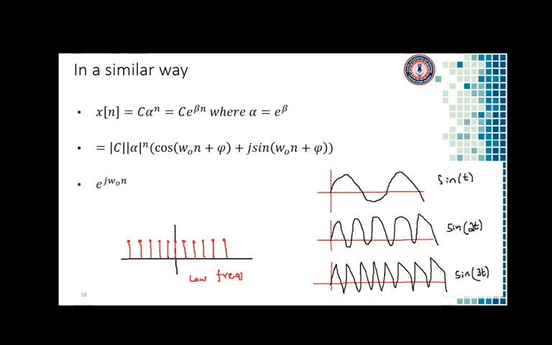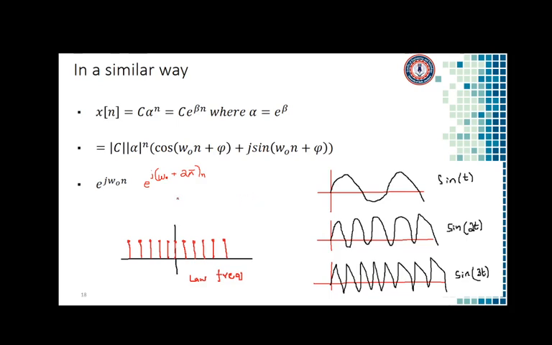So what is e to power j omega naught? We can write e to power j omega naught as e to power j, omega naught plus 2 pi n. So I am going to take my frequency and add 2 pi to it. In the continuous time world, that would be a faster or higher frequency sinusoid.